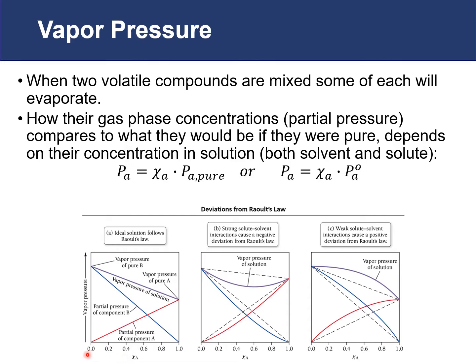Starting on the left-hand side, the vapor pressure of the solution is going to be equal to the vapor pressure of component B because as we start, we don't have any A in there.